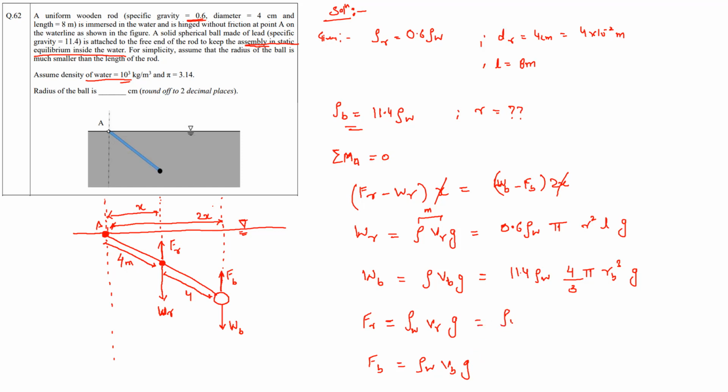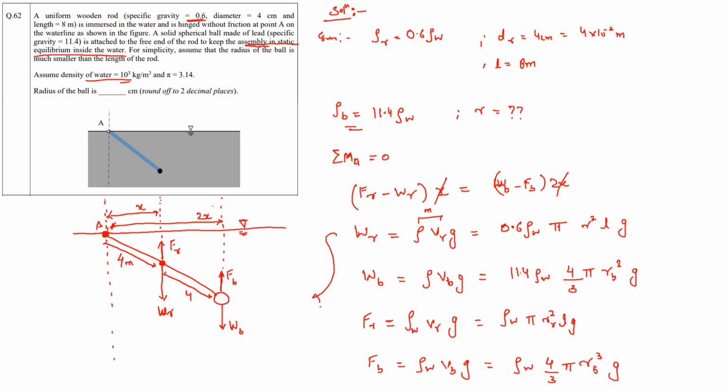So again you can just write rho w times the volume of the rod, which we had just seen is pi r squared L g, r of the rod. And here it will be rho w times 4 by 3 pi radius of the ball cubed times g.